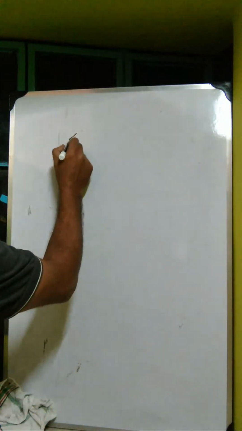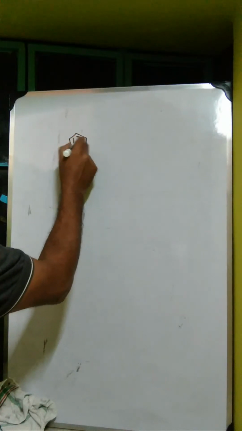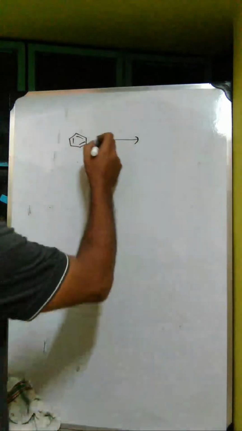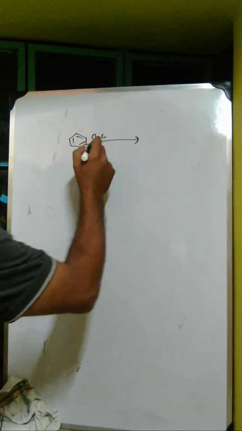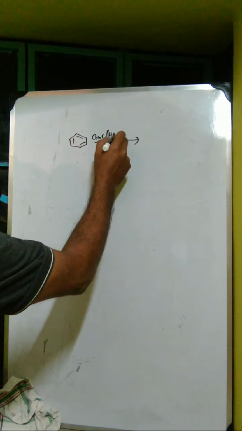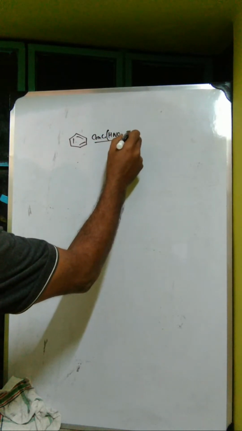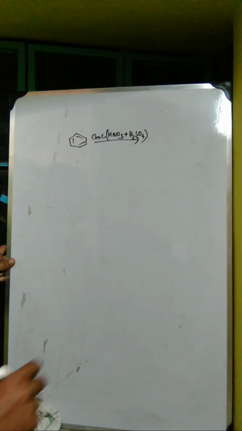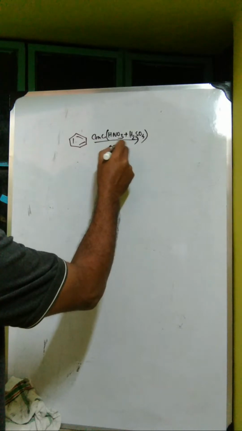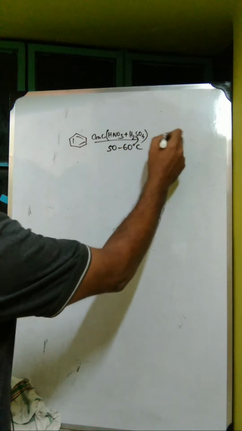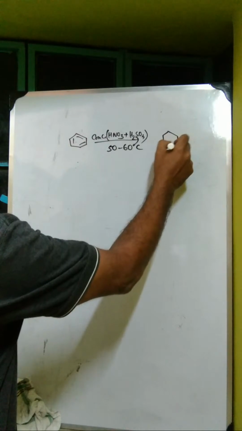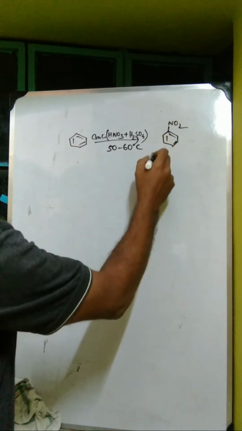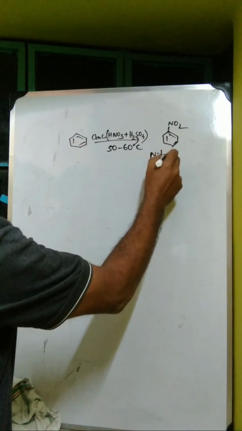When benzene is treated with a mixture of concentrated acids, HNO3 and H2SO4, at a temperature of 50 to 60 degrees centigrade, nitrobenzene is formed, benzene carrying a nitro group, and this compound is called nitrobenzene.